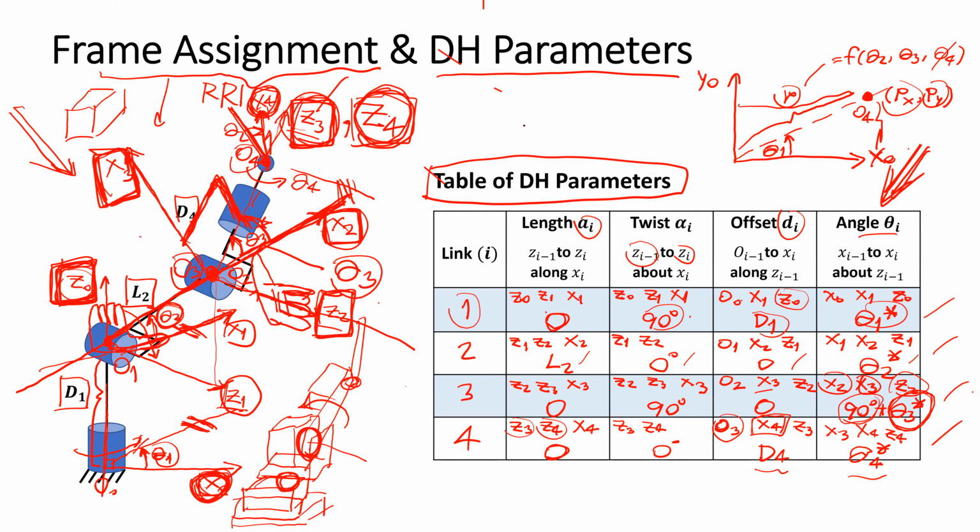Now theta 3 is the angle, this one. Sine theta 3 will be positive, and sine theta 3 will be negative for the different posture of the robot. You need to separate the case in your workspace.